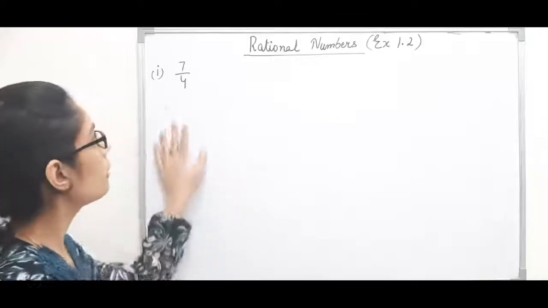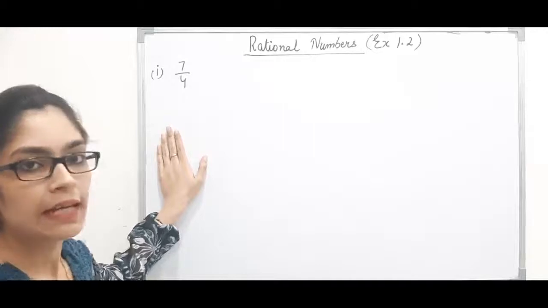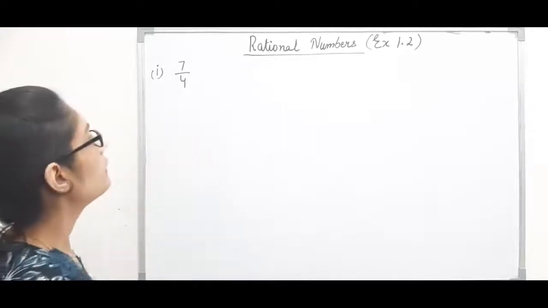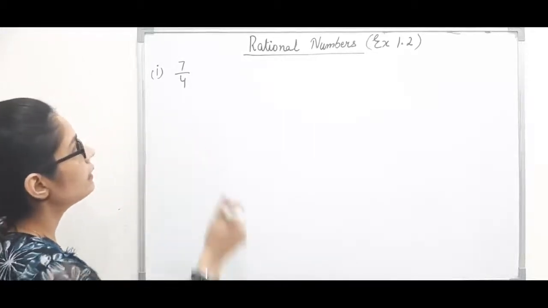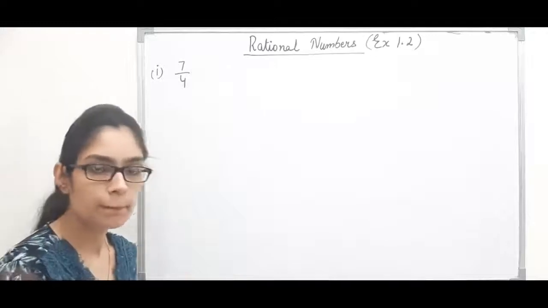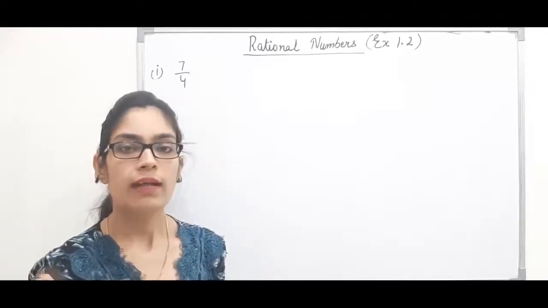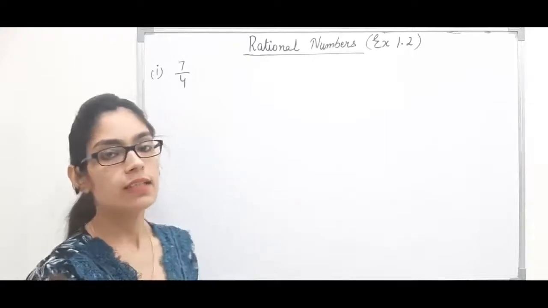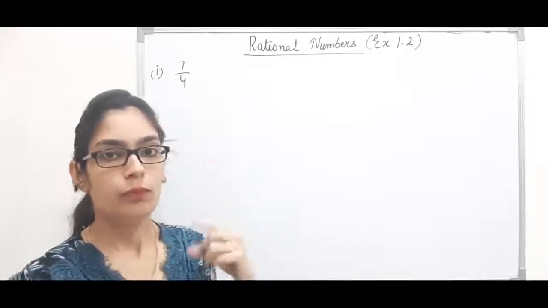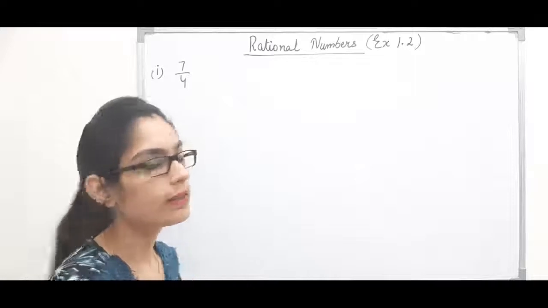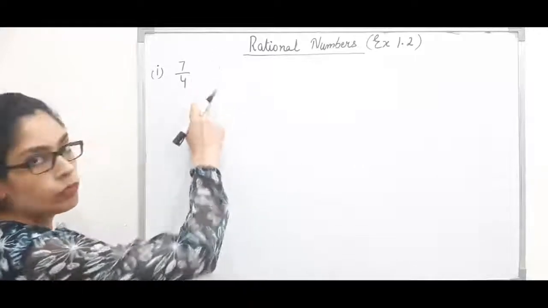So this is question number 1 of exercise 1.2. You have to represent 7 by 4 on a number line. First of all, just try to recognize your case. Which case is this one, the first case, second case or third case? So 7 by 4.